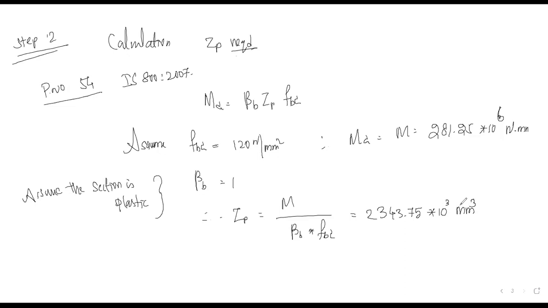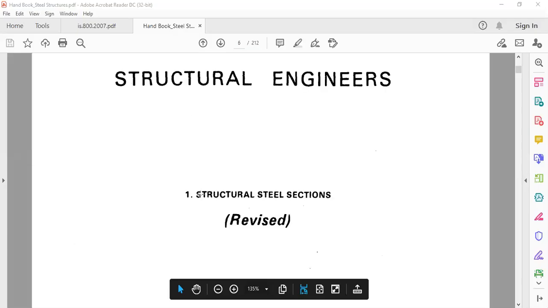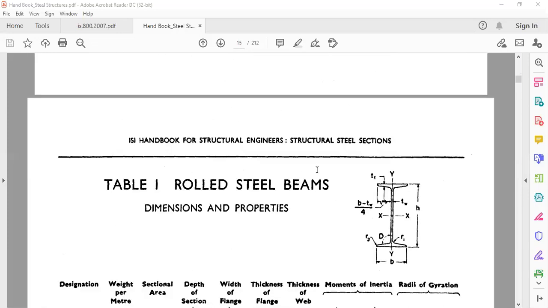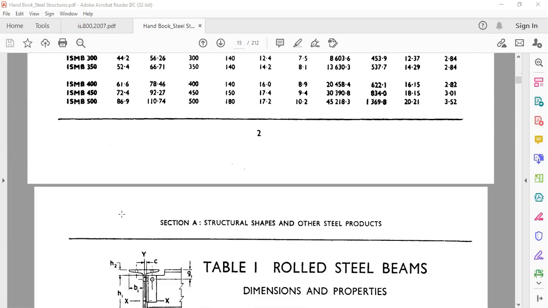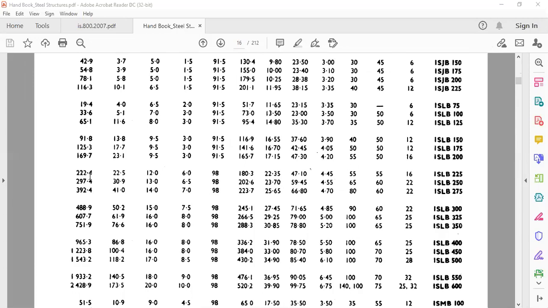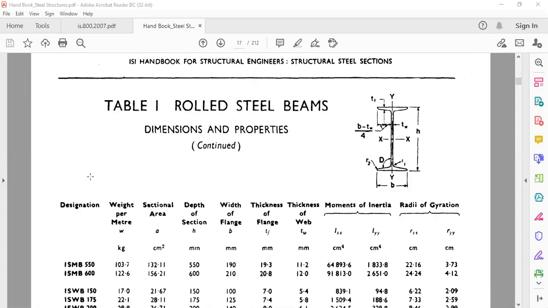Let us go to the selection of section. So this is our steel handbook. We have to go under the Z value, where Z value is more than 2353. That section we are going to adopt.